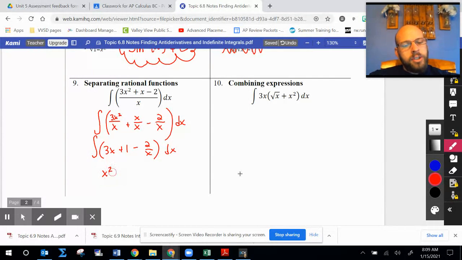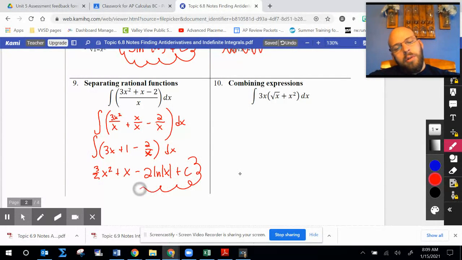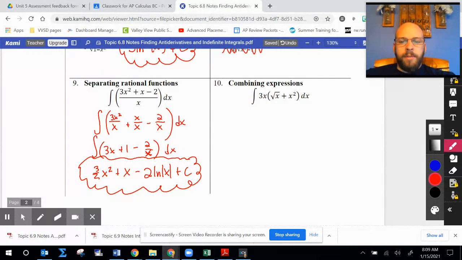So this would give me an x squared, 3 over 2, because that's multiplied by the reciprocal. X, now you have to be careful. Remember this when I just have x in the denominator here, this is going to give me the natural log plus c. So remember that from an earlier problem we did.